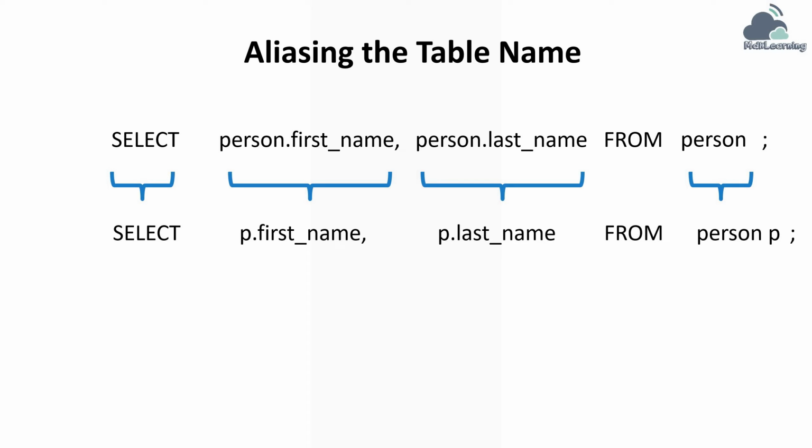And P is just this nice convenient alias that helps you to write fewer characters and keep your SQL statement less cluttered, but still qualify all of the columns in your query.